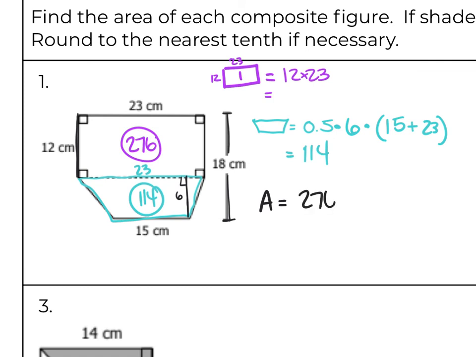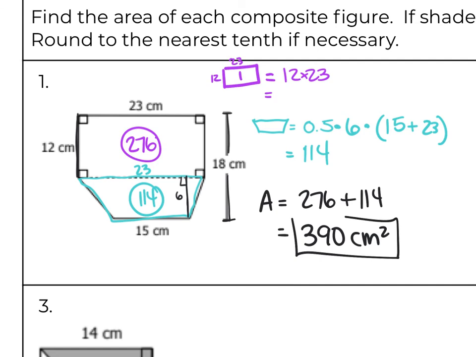So I'm going to do 276 plus 114. So 390, and that is area, so centimeters squared. All right, any questions on that one? It really shouldn't be harder, it's just going to be a little bit longer, okay?